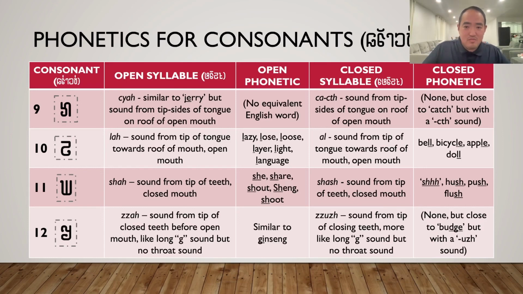But instead of the DGE, it would be like a UZH sound. Budge, right? That's the closest equivalent sound I could find that will help you pronounce the closed phonetic sound for ja, zhuzh.